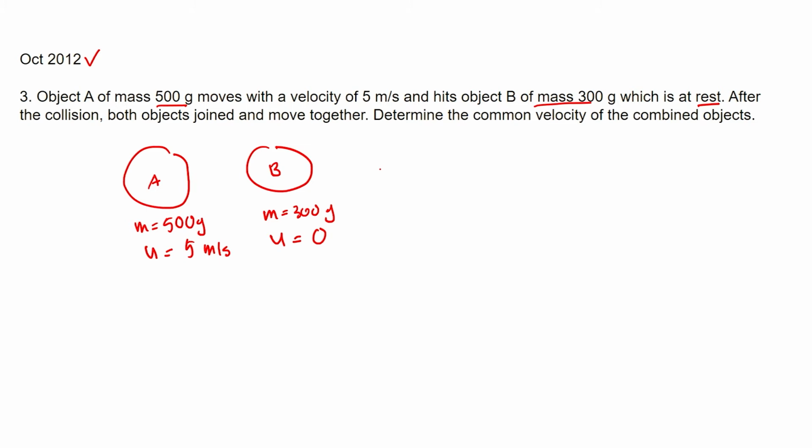After collision, both objects join and move together, so it sticks together, object A and object B, and moves with a speed V, same speed V for A and for B. So V for A equals V for B, let's say equals V. Determine the velocity of the combined objects.